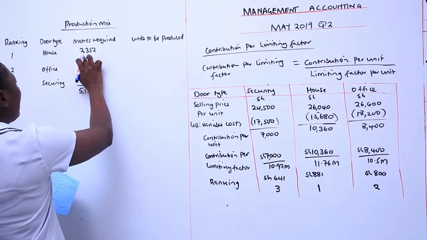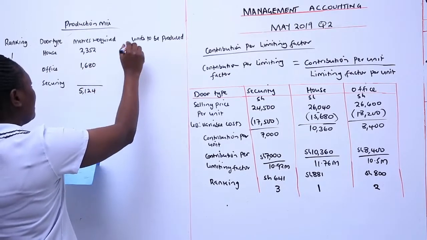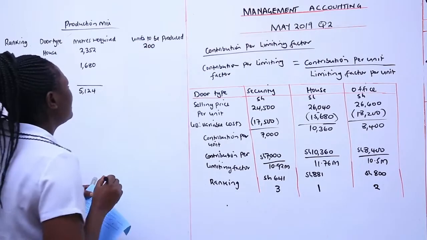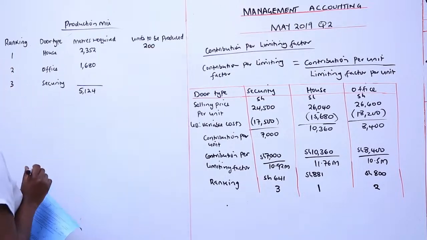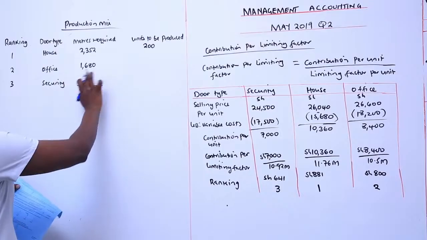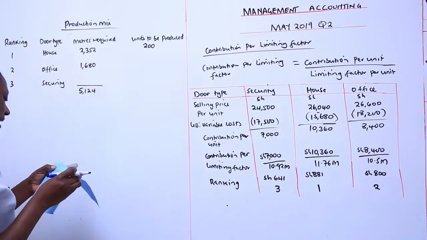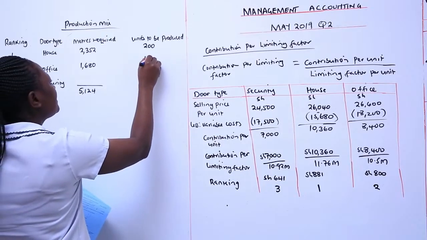Since we only need 2,352 meters, we'll be able to produce all the units of house, which are 200 units. We can also produce all units of office. Why? Because we only need 1,680 and the units for office were 160.